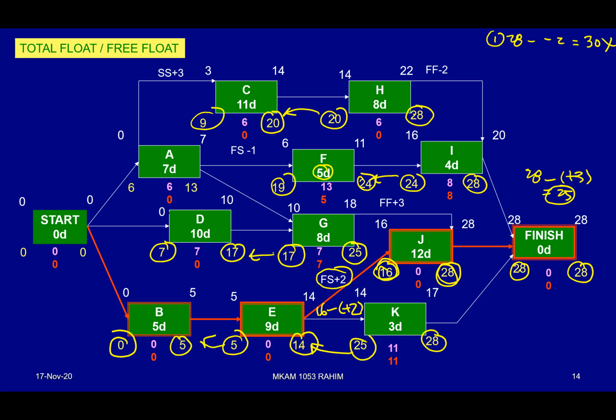Now A. Always remember, when you want to calculate backwards, how many arrows are going back into that particular activity? You have to look at the arrows one by one. Be careful.